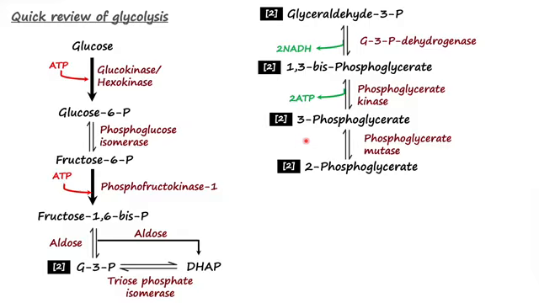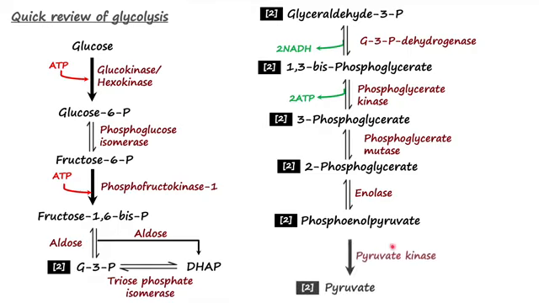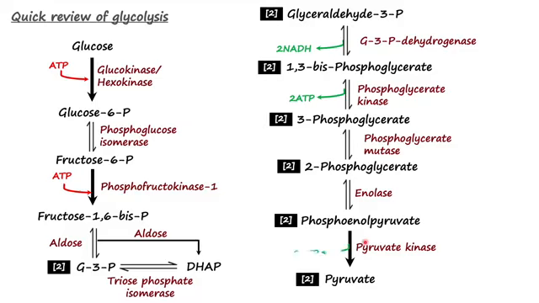And furthermore, 3-phosphoglycerate is then converted into 2-phosphoglycerate, and 2-phosphoglycerate into phosphoenol pyruvate, and finally phosphoenol pyruvate is then converted into pyruvate with the help of enzyme pyruvate kinase, another irreversible reaction which also generates two molecules of ATP.